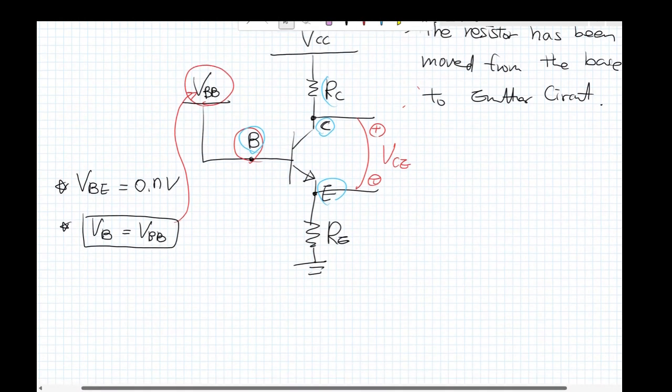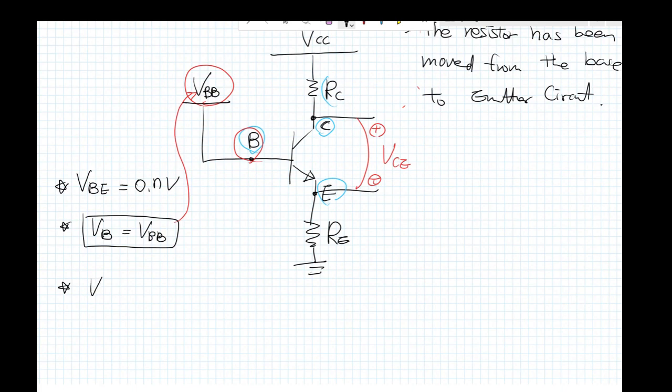And then next one is how can we find V sub R sub C? I'm going to write for you here. V sub R sub C, the voltage drop in the resistor of the collector side here. So for this one, that is I sub C times R sub C. Okay.